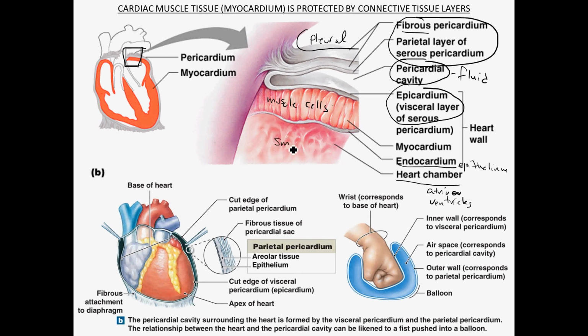This is extremely smooth, to prevent any sort of blood cells, white blood cells, red blood cells, platelets from clumping on them, etc. So this endocardium, this epithelial layer, will be continuous with the endocardium of the blood vessels, either arteries leaving the heart or the veins entering the heart. So that endocardium again is going to be continuous with that.